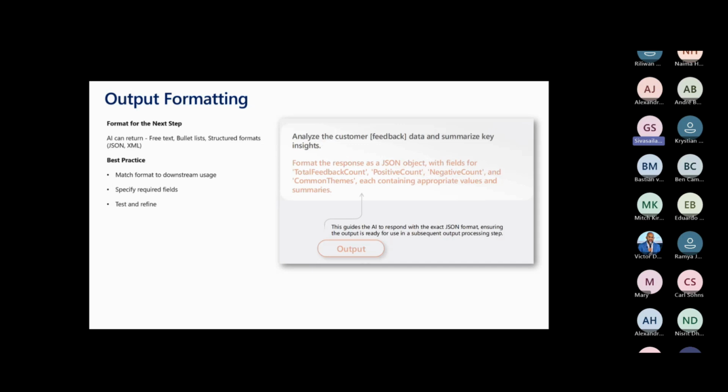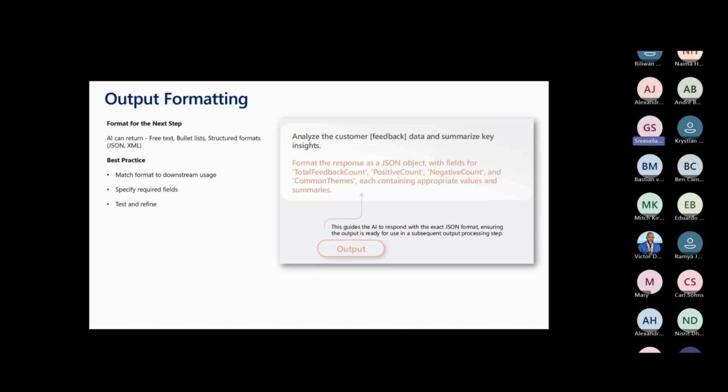By default, LLMs produce prose, which is great for humans, but doesn't really work for automation, right? As soon as an output needs to feed into a flow or a connector or another agent step, free text becomes a liability. So you want to match the format for the downstream usage, specify the required fields, and give examples of how you want this formatted for consumption.